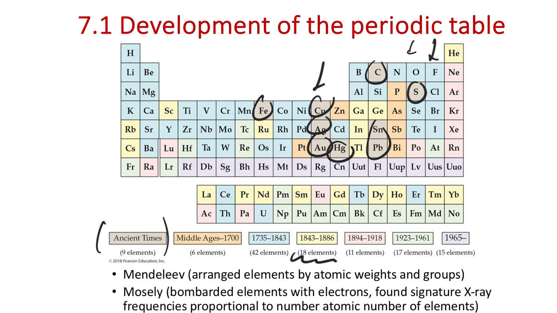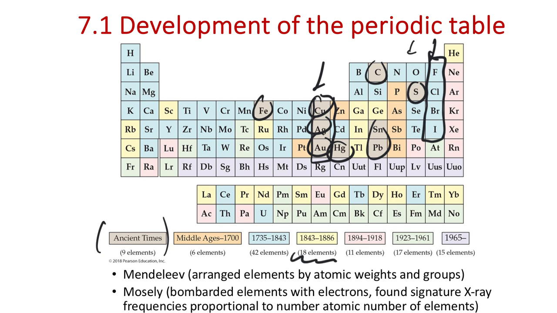They were leaving gaps whenever they didn't have an element to fill in with those properties from top to bottom. They were seeing a lot of similarities, though not always, between the halogens, and copper, silver, gold being almost a stable group for our transition metals, which was used to position them on the periodic table as well.